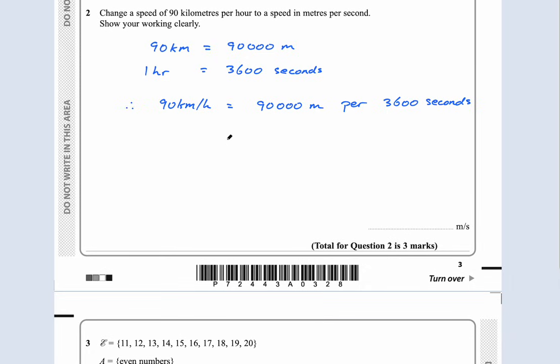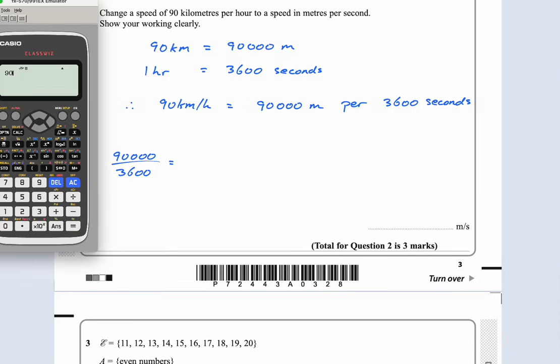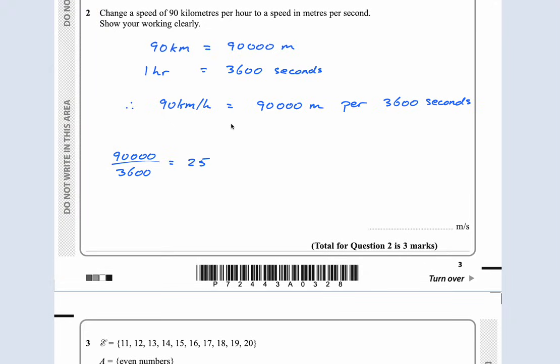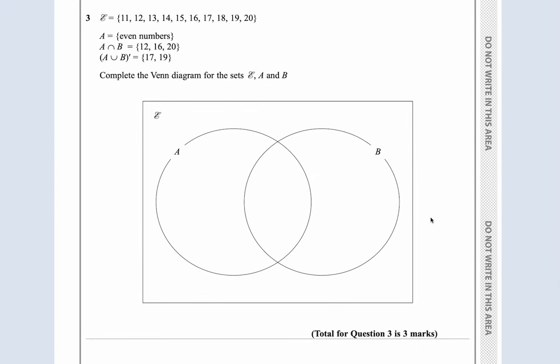So I do 90,000 divided by 3,600, which is 25. So this is 25, which is equal to 25 meters per second. So the answer is 25. Okay, question 3.